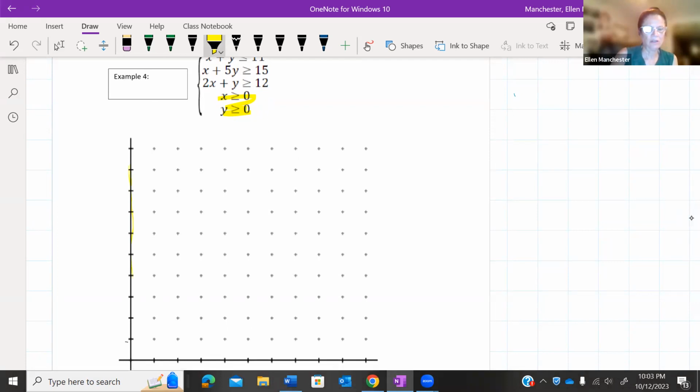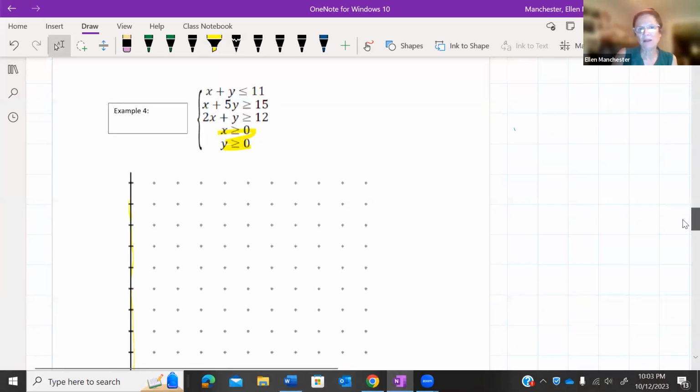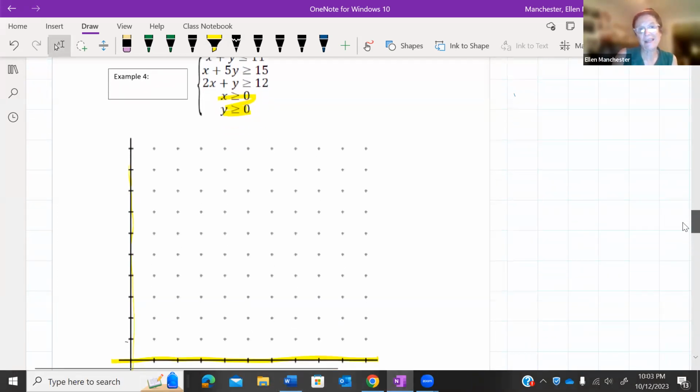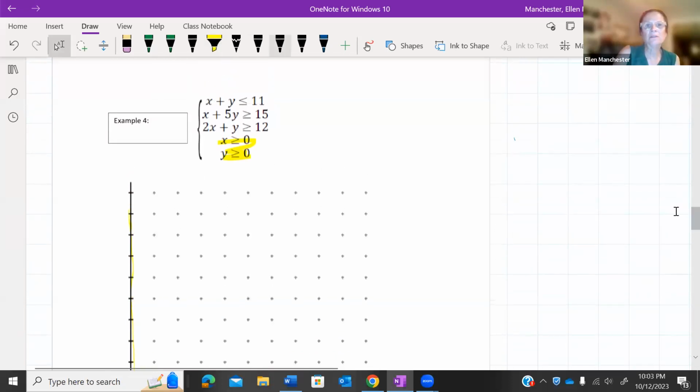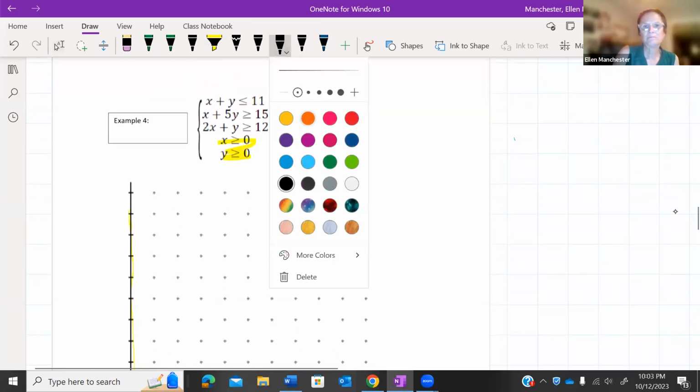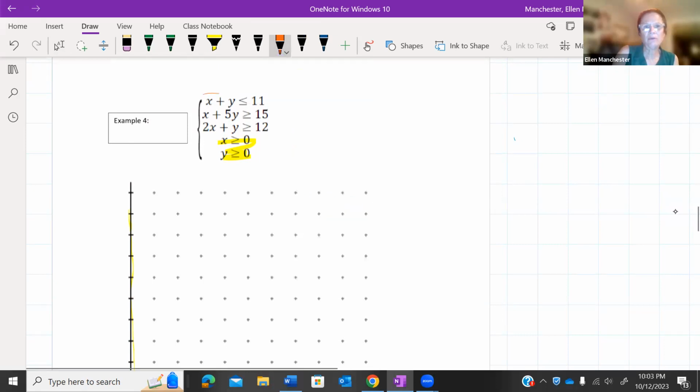Okay, so x is greater than 0, y is greater than 0. There's our restrictions. It's already in the first quadrant, so we're good to go. Okay, now I'm going to pick my colors because I can. Okay, so this one I'm going to do is orange.